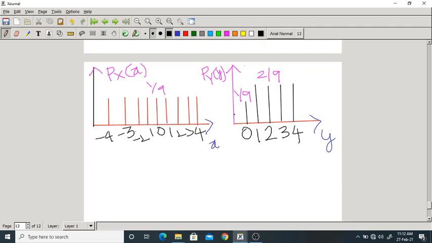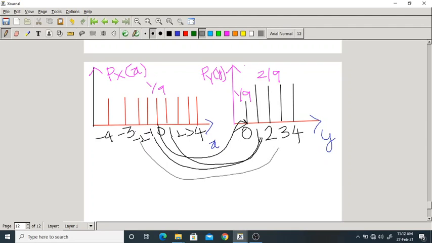Now at 0, both are same. +1 and -1 combinedly become 1 here because it is a mod operation. Next, +2 and -2 become 2 here. These two are added. Next, +3 and -3 are added here. They become 3 here. Next, +4 and -4 are added here. They become 4 here.